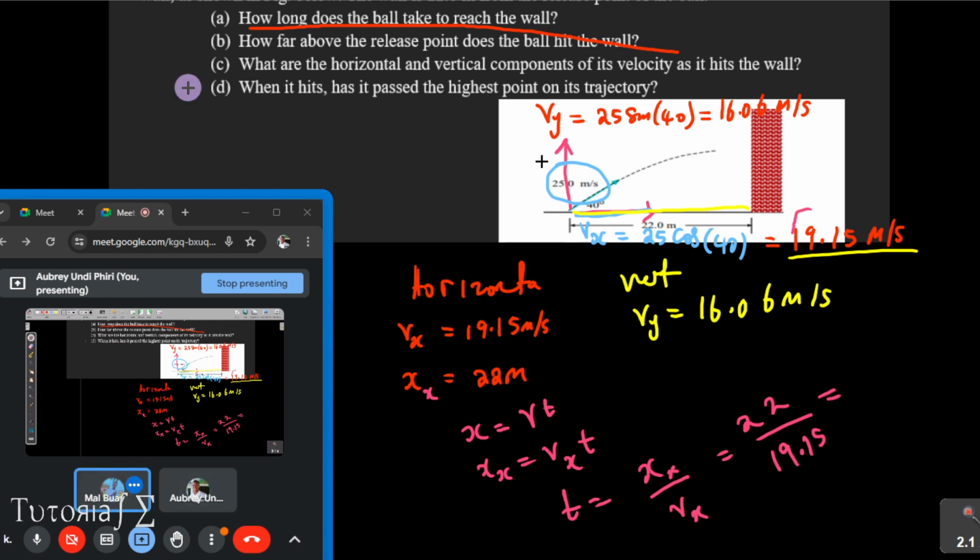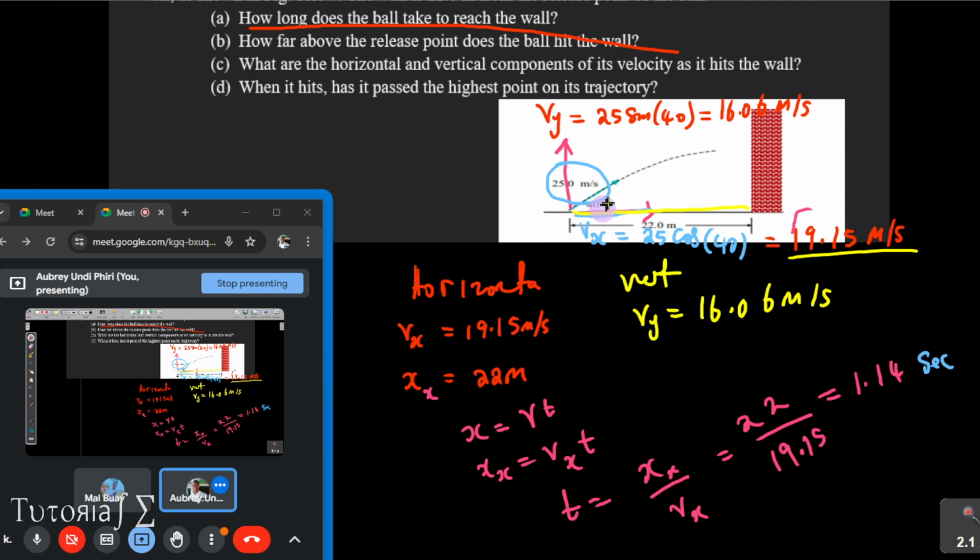It's going to give us 1.14 seconds. All right, that is way easier than the route that we wanted to take. You see that, right? So that would be our time.